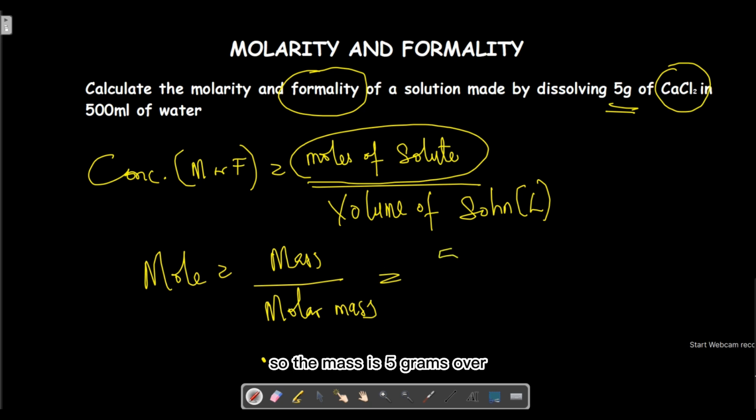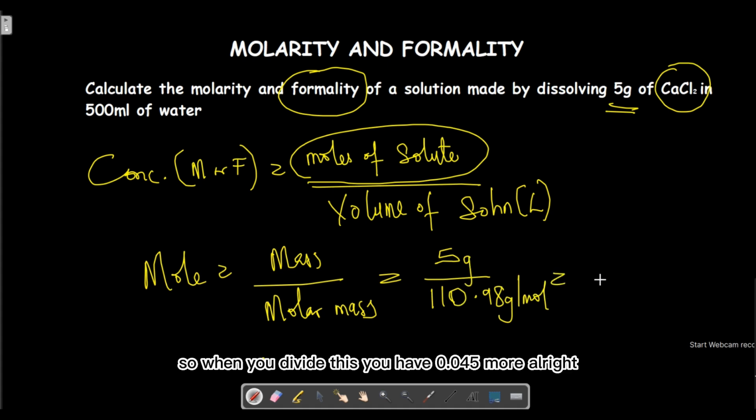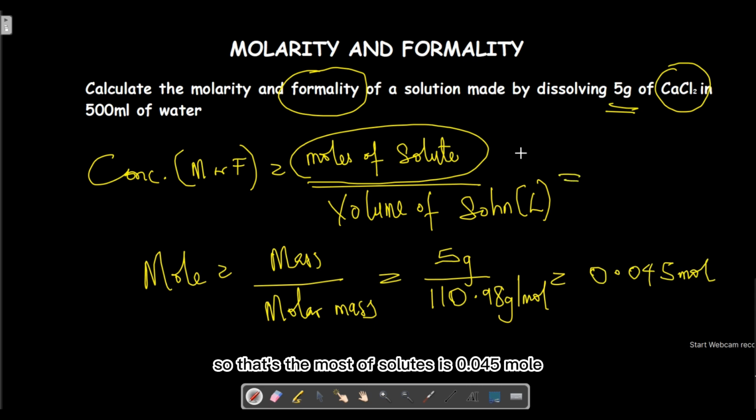So the mass is 5 grams over the molar mass of calcium chloride, which is 110.98 grams per mole. When you divide this, you have 0.045 mole. So that's the moles of solute.